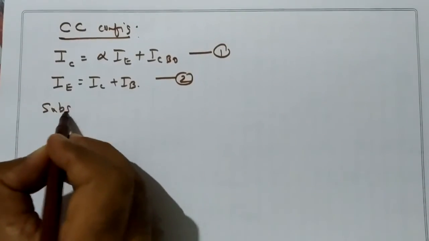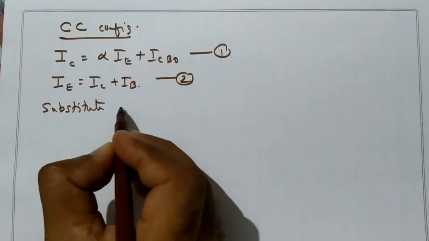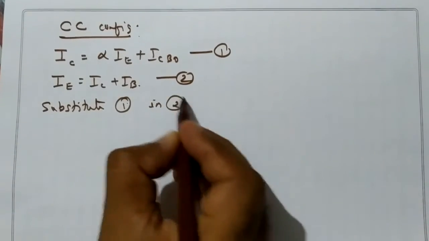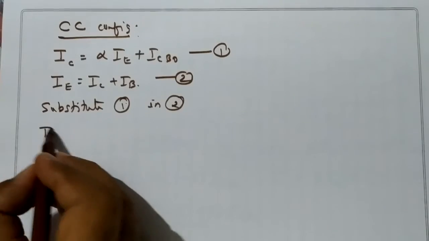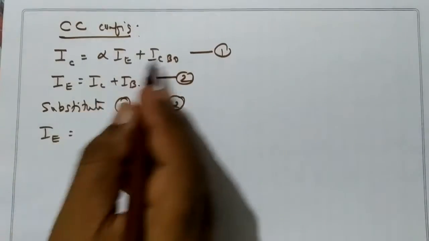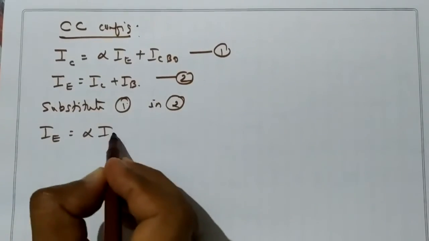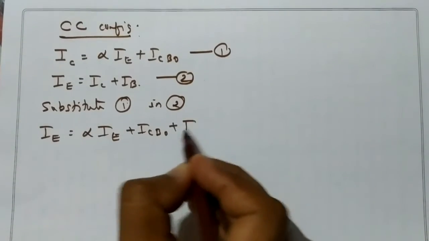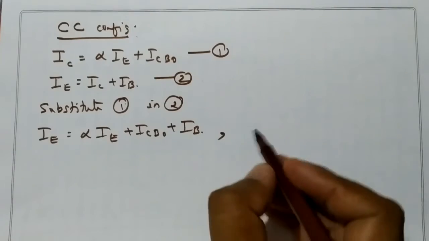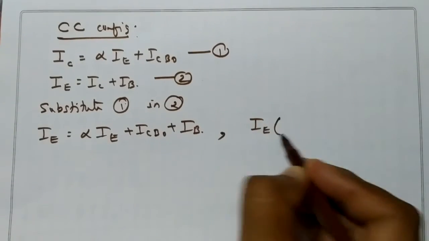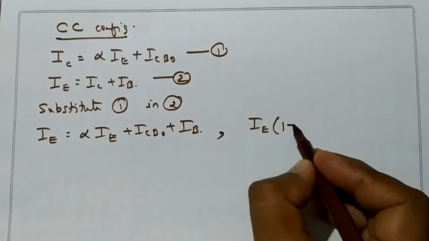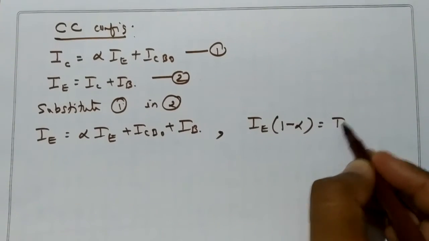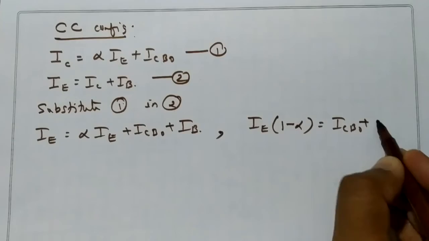Substitute 1 in 2. What you get is IE is equal to, IC is this, that is alpha into IE plus ICBO plus IB. That is IE into 1 minus alpha, that is equal to ICBO plus IB.